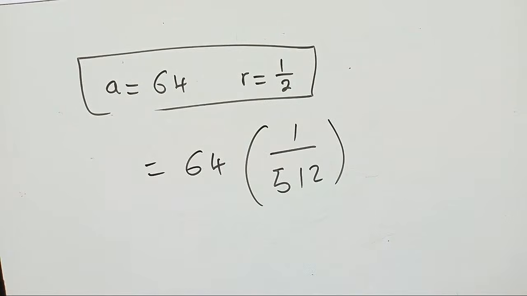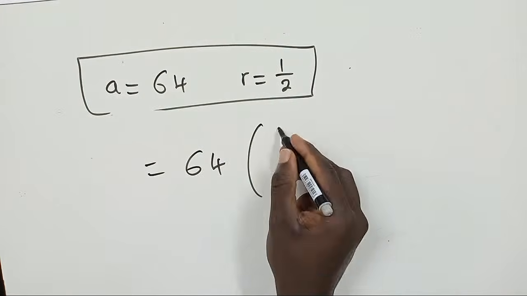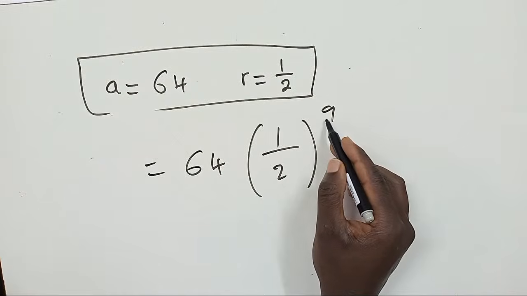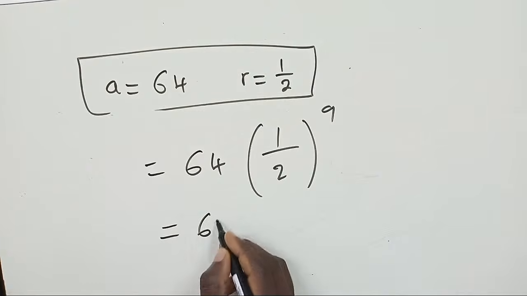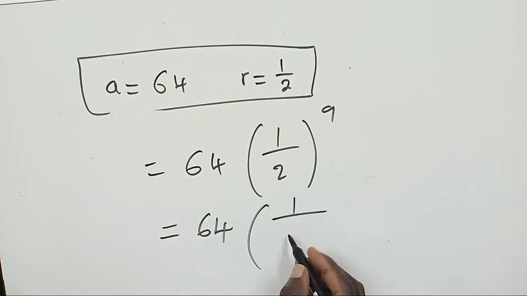Let me show you. We had 1 over 2 power 9, because 10 minus 1 gave us a 9. This 512 came about as a result of this.